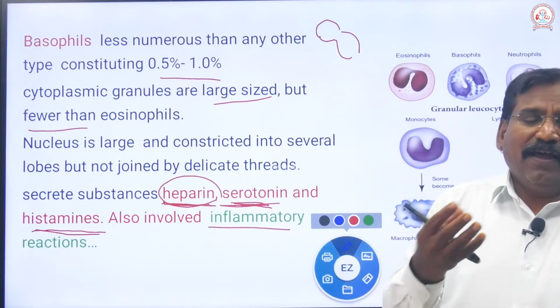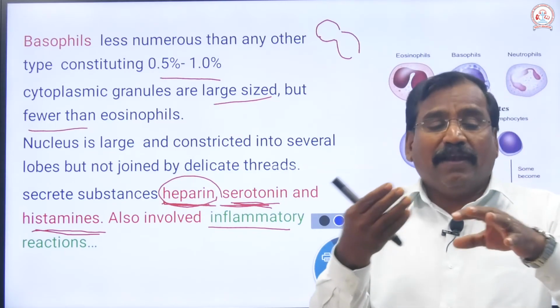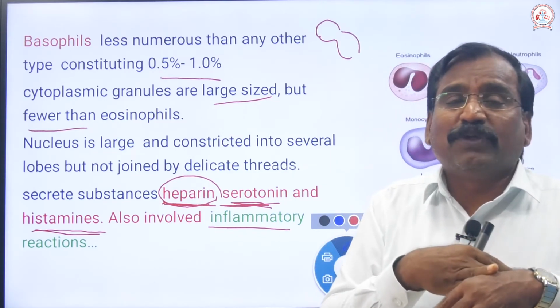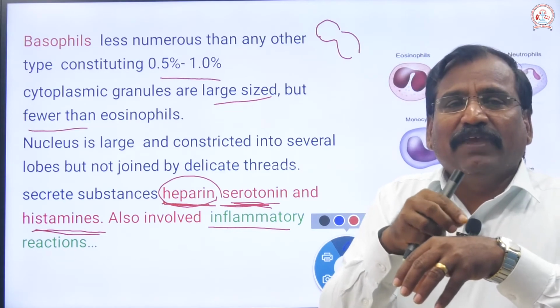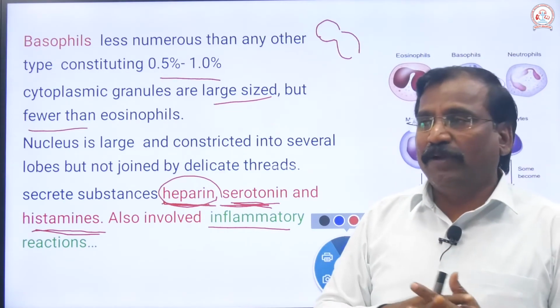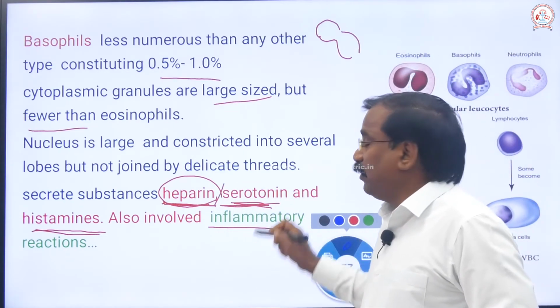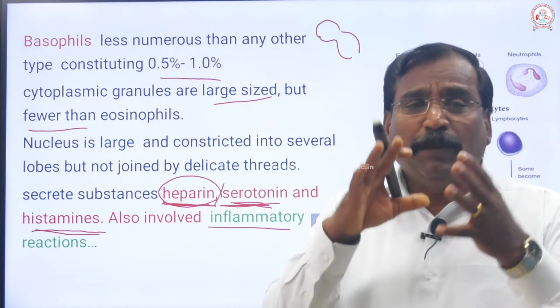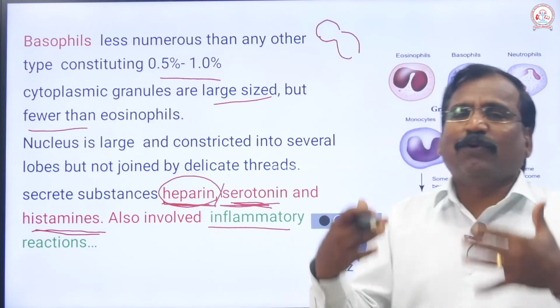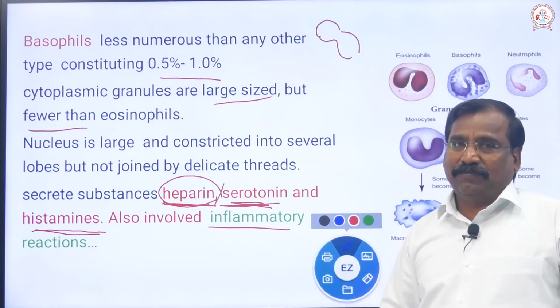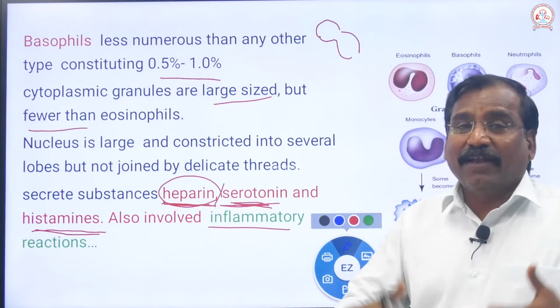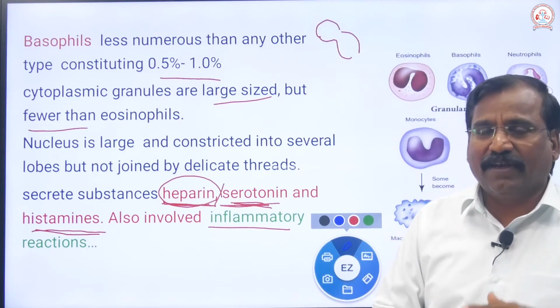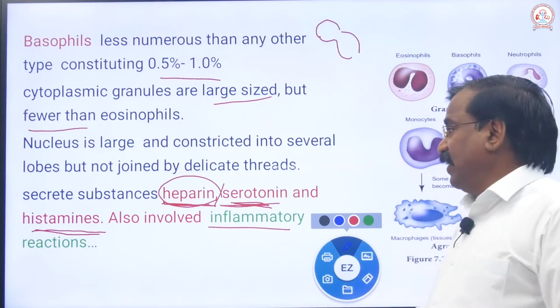Inflammation means redness, swelling, pain, followed by oozing out of pus, like a swollen boil. That is called inflammation. These substances are involved in inflammatory reactions. Why? It is one of the barriers that prevent disease. Inflammatory barrier, phagocytic barrier, anatomical barrier, there are lots of barriers. Next year you will study everything in detail.